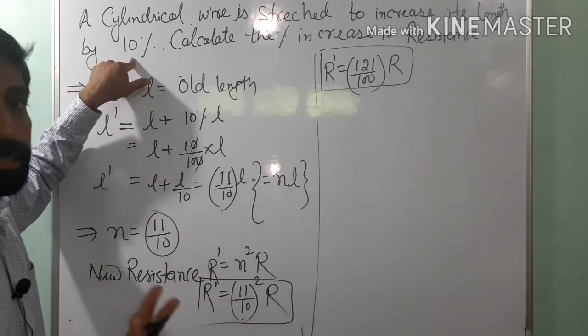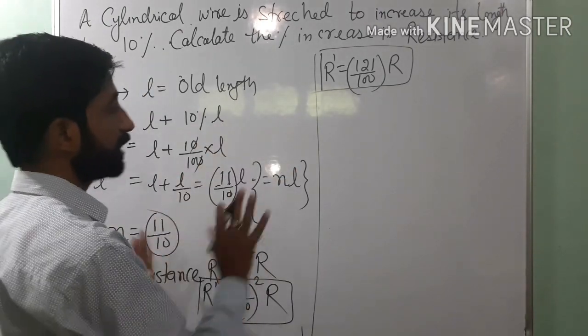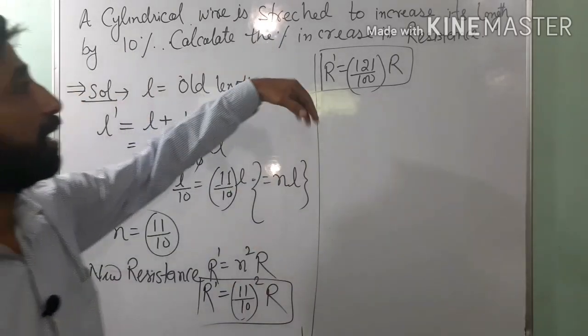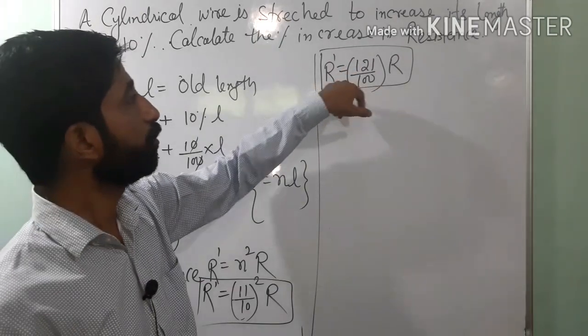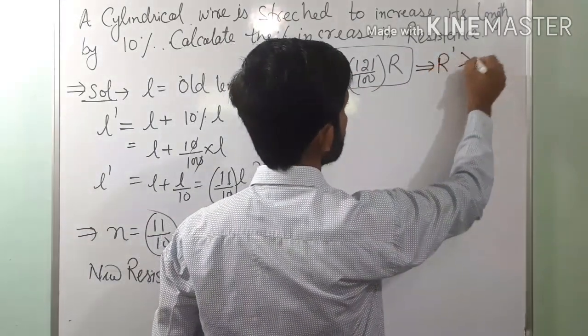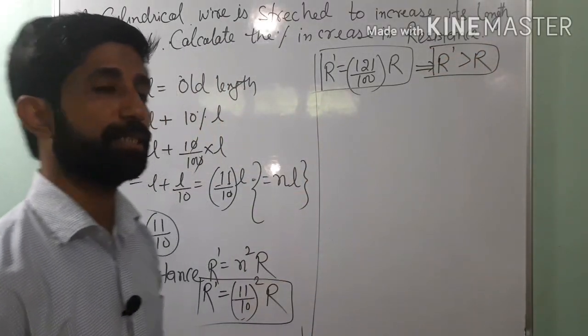If 20% increase, then the factor becomes 12 upon 10, and so on. So that's done. The new resistance is equal to that, and we have to find the increase in resistance. Obviously R dash is more than R, so we have an increase in resistance.